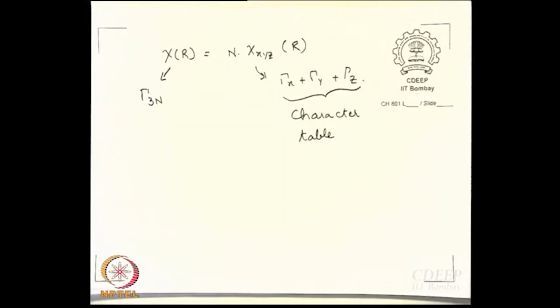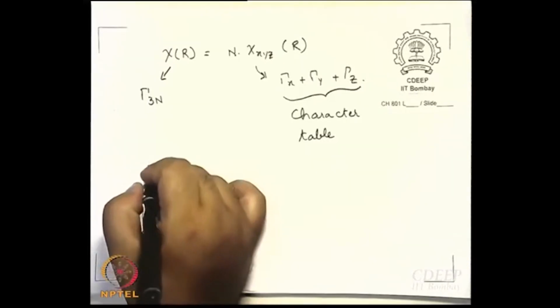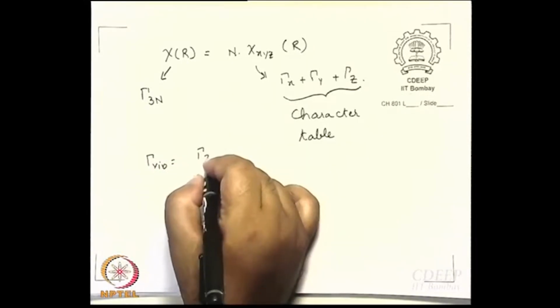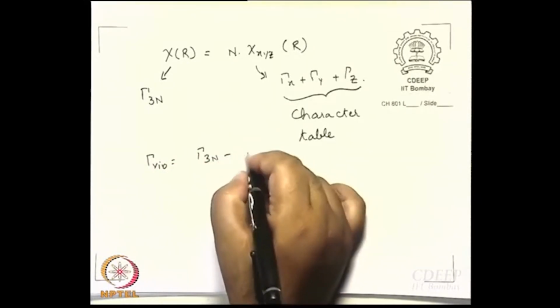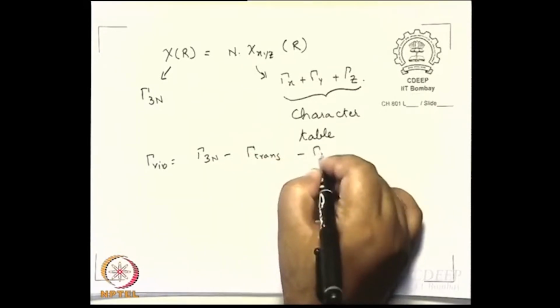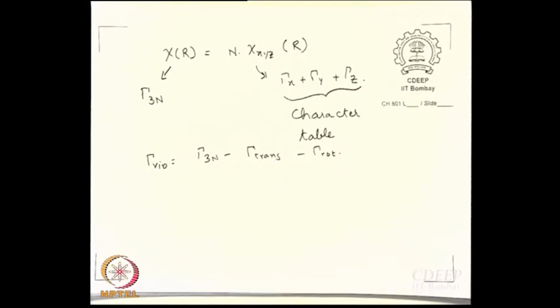Okay. Now, can we do this? Then what did we say? That this is 3n, fine. What do I need to take out from this? How did I get gamma vib? Gamma vib equal to gamma 3n minus gamma trans minus gamma rot. Okay. So, what you could do is you could work this out character by character.